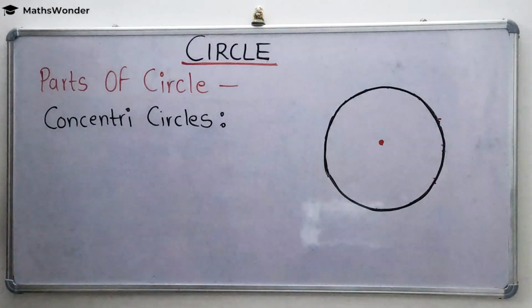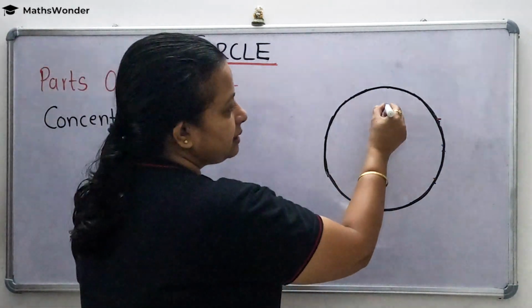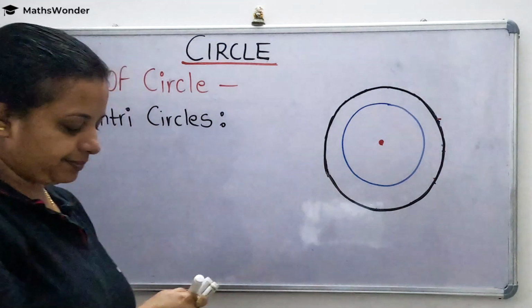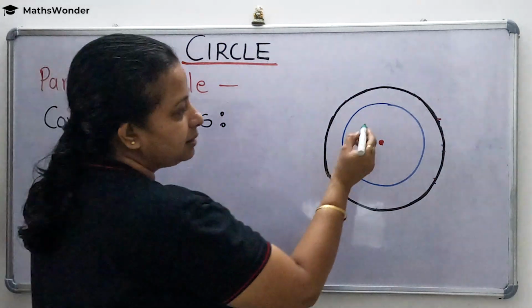So the next is concentric circles. What is that? Two or more circles having the same center point. Suppose this is one circle, and suppose we have one more circle.